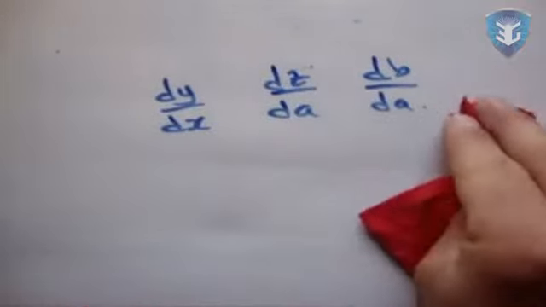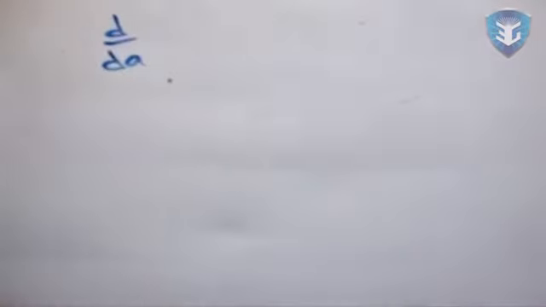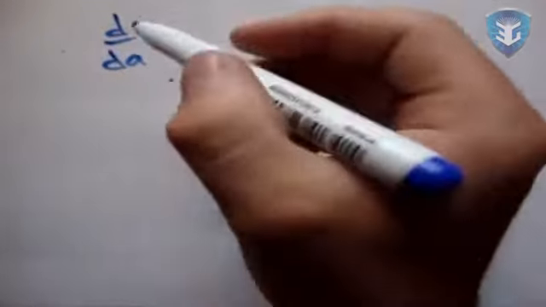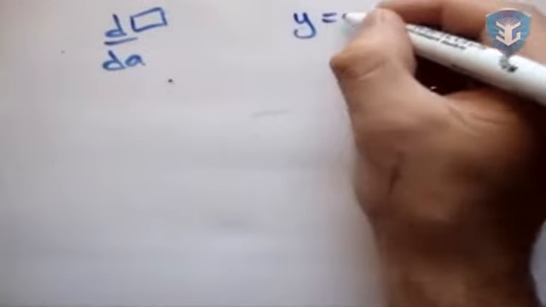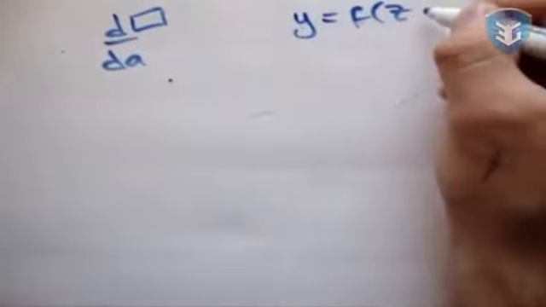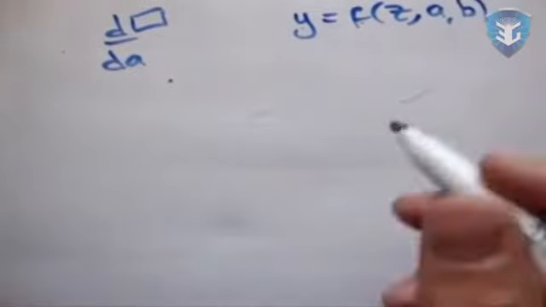So first of all, you'd read this as d/dA, okay? So that means the rate of change of something I haven't written with respect to A. So say y is a function of z, A and B, like that.